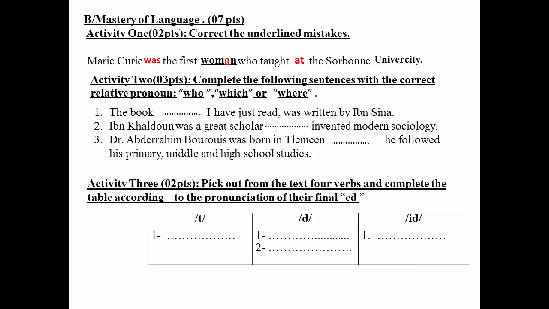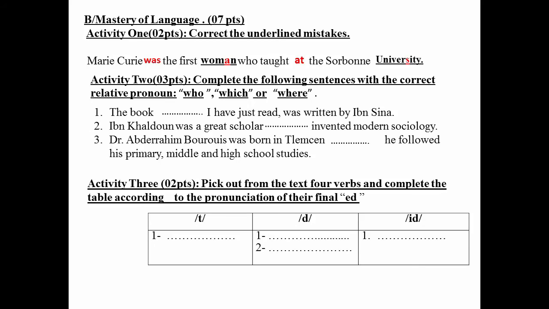What? University, with S, not with C, and you can find it in the text. And we say at school, at the university, when talking about places. Good. So now you have a correct sentence. Marie Curie was the first woman who taught at the Sorbonne University.